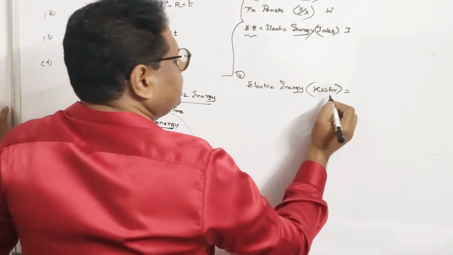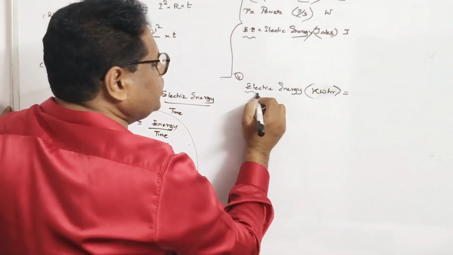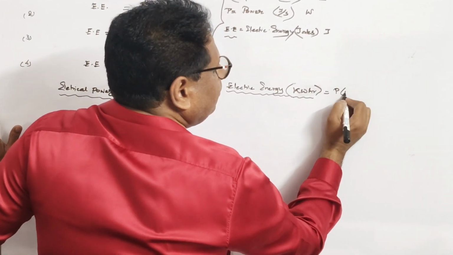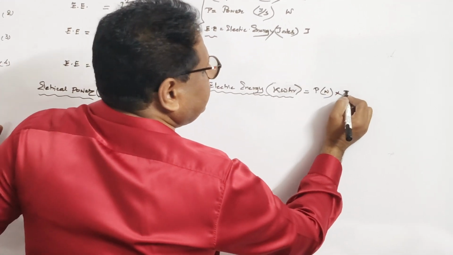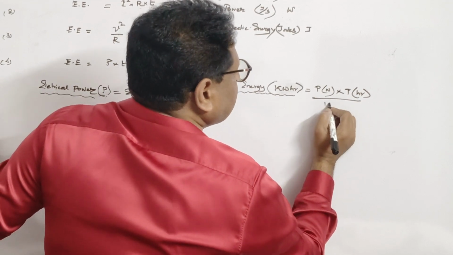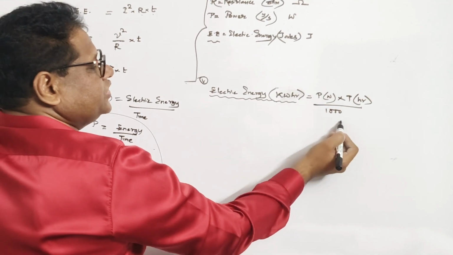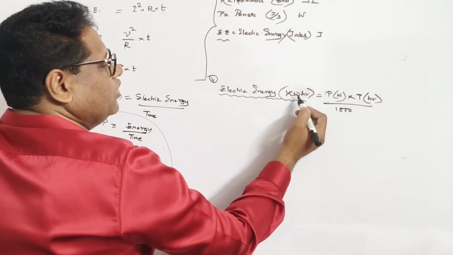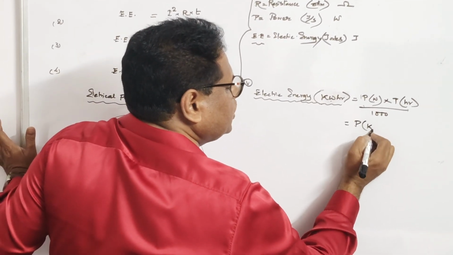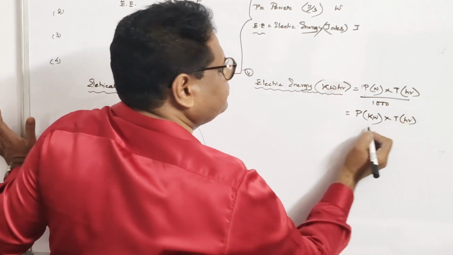For electric energy in kilowatt hour, the commercial unit of electric energy, we have the expression power in watts multiplied by time in hours by 1000. Why? Because this is the conversion of power in watts into kilowatt. Sometimes we can use this expression also, power in kilowatt multiplied by time in hours.